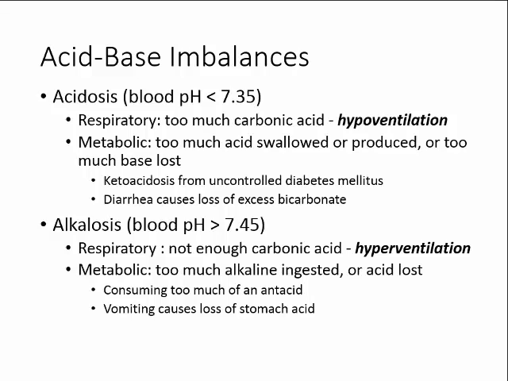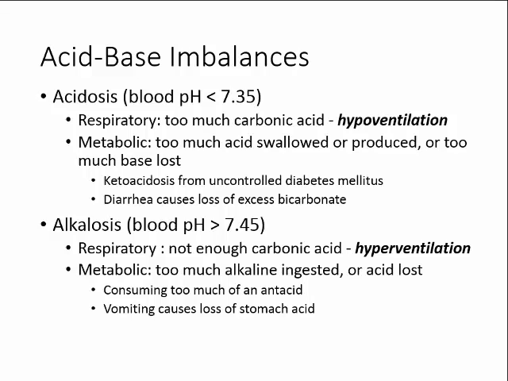In a respiratory imbalance, if you have too much carbonic acid, you're retaining too much, that's going to be because you were hypoventilating. Hypoventilatory disorders can include things like asthma, COPD, or simply suppression of the respiratory center in the brain. Metabolic causes can vary from too much acid being swallowed, too much acid being produced, or even renal disease.